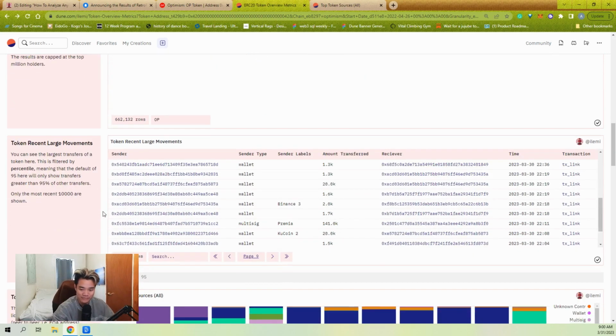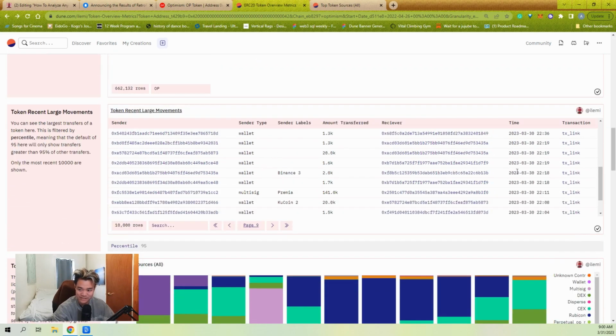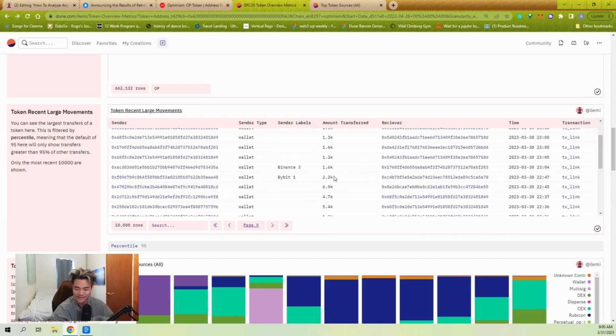You might also want to see what transfer activity is happening. So in this query, I've shown you the 95th percentile of token transfers, right? I think for Optimism, it's probably like 1K or 1.3K that is the 95th percentile of token transfers.